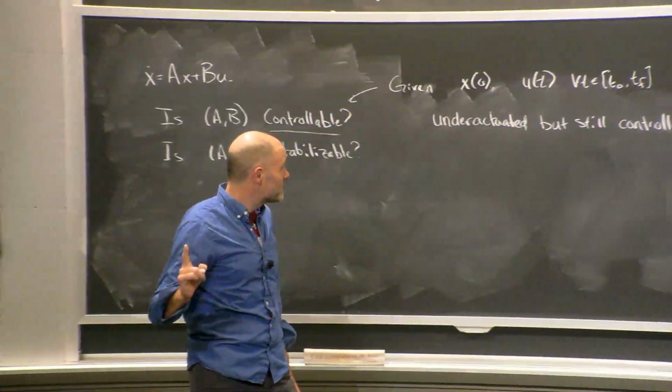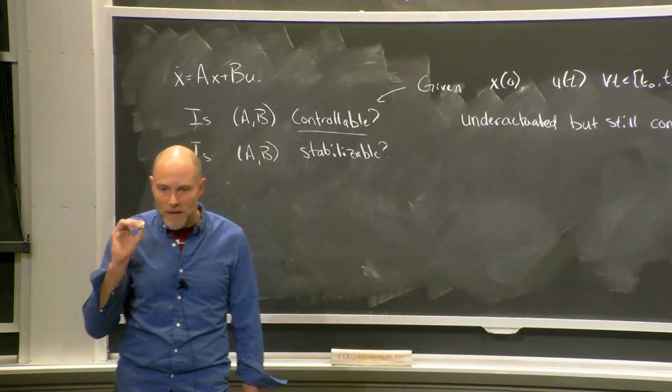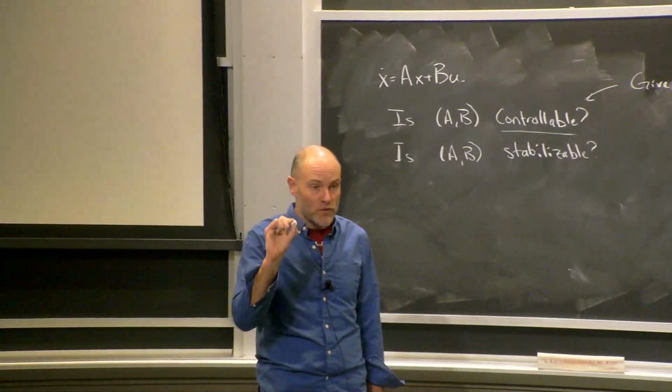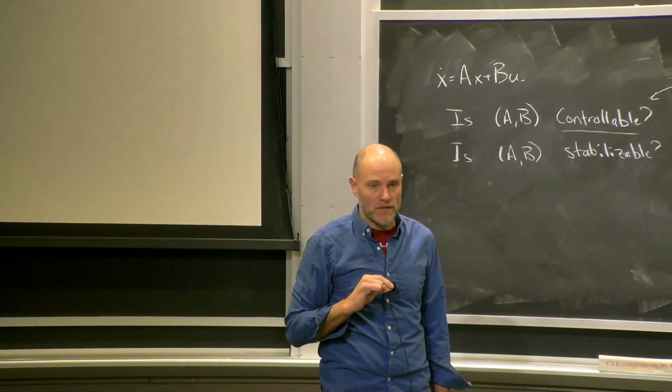You're allowed to pick u and you're allowed to pick t final. Is it possible to find a trajectory of actions that will drive me to the origin in a finite amount of time?